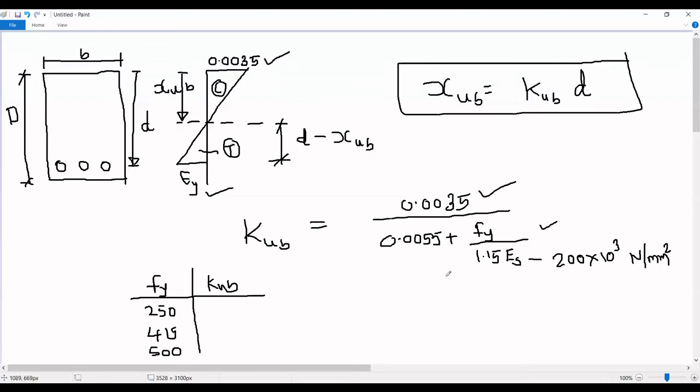In this formula of KUB, if I substitute Fy as 250, 415 and 500, I will get three values of neutral axis factor. These values for Fe 250 to Fe 500 grade steel vary from 0.53 to 0.46. Fe 250 will have KUB equal to 0.53, Fe 415 will have 0.48, and Fe 500 will have 0.46.